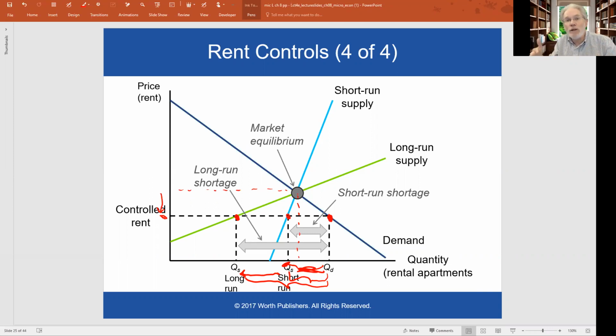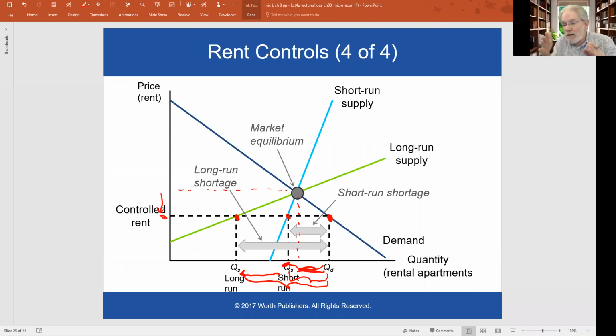The problem gets worse over time as the producers find more and more ways to avoid the restriction that the government is putting on them. And we shouldn't be surprised by that, because fundamentally, remember, when you have a price control, the government is causing the price to communicate the wrong information. And the longer the period of time that passes, the more decisions will be made based on the wrong information. And so those are bad decisions.